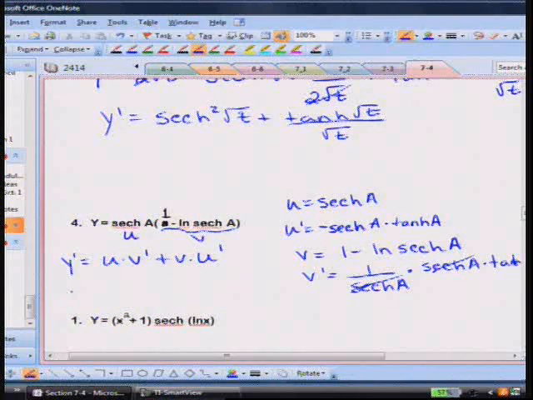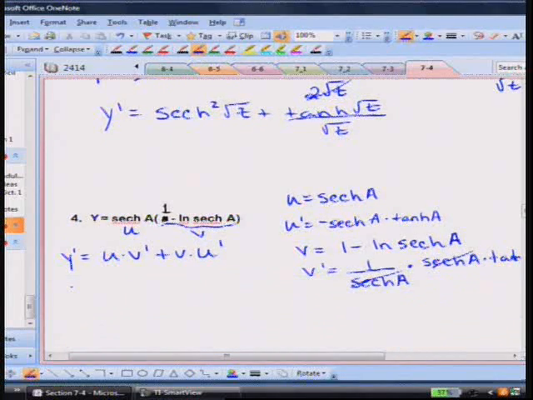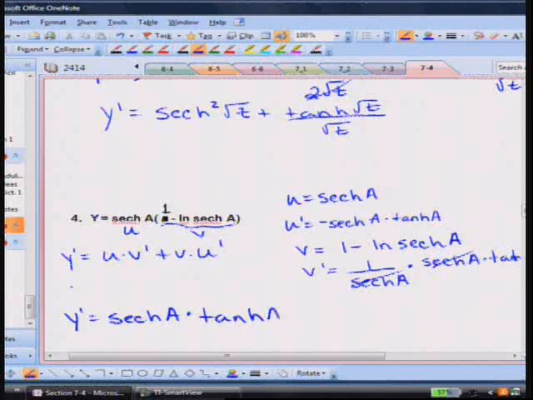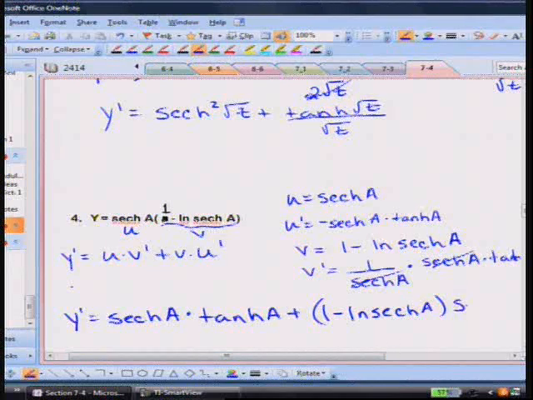Okay. u is the hyperbolic secant. v prime. What was v prime? Hyperbolic tangent. Plus v, which is this big old long thing, times u prime, which was this thing.